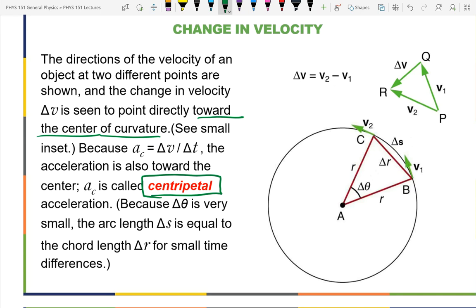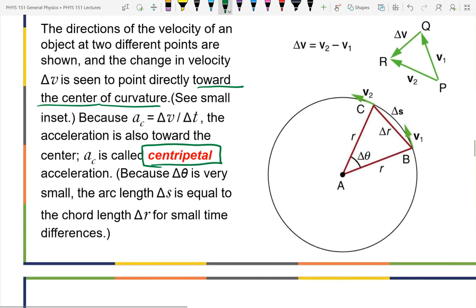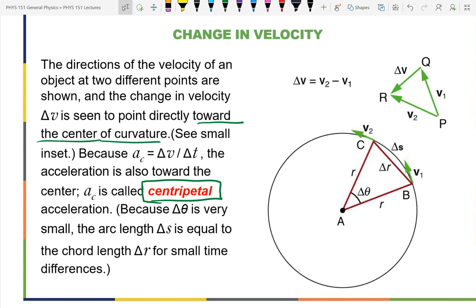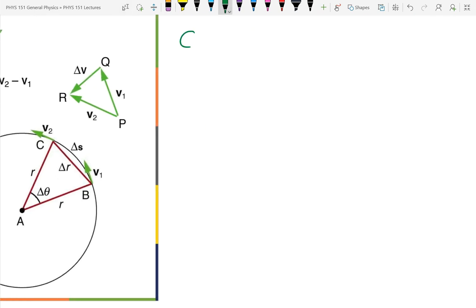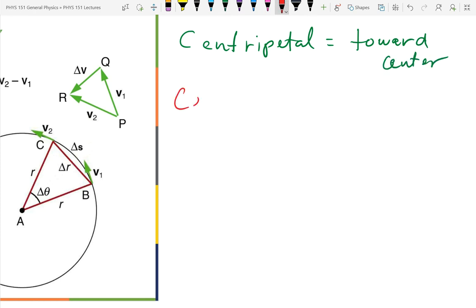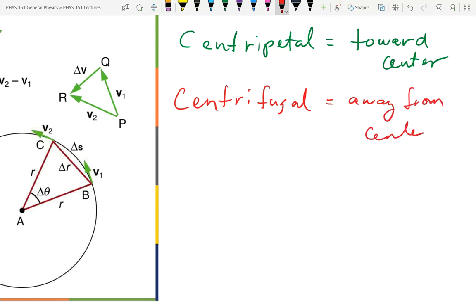Now that brings out the confusion between centripetal and centrifugal. So centripetal is toward the center. Centrifugal is away from center. Now I'm going to talk about centrifuge in just a moment, and we'll have some confusing words.